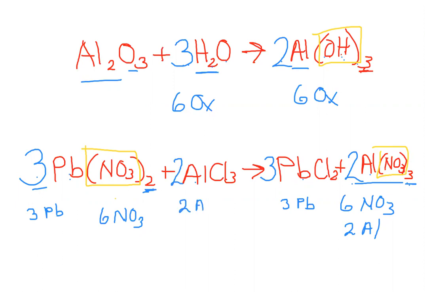Now I have 2 aluminums. And I have 2 times 3, 6 chlorines. And over here, I have 3 times 2, 6 chlorines. So everything is balanced. And my coefficients are 3, 2, 3, 2. And it's all nicely balanced.